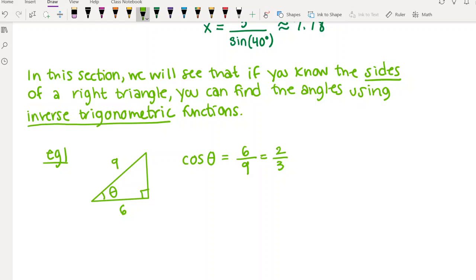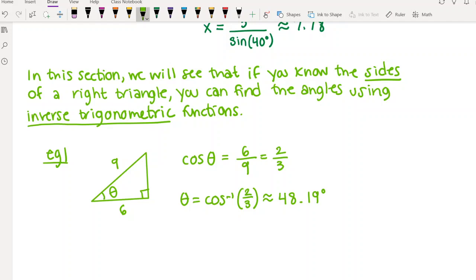Well, because cosine and inverse cosine work backwards from each other, that tells us that theta is going to be equal to inverse cosine of 2/3. If you type this into a calculator, you'll find that that's approximately 48.19 degrees.